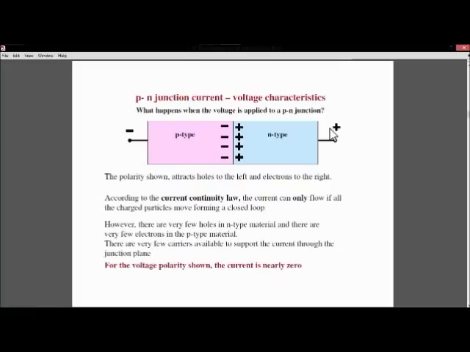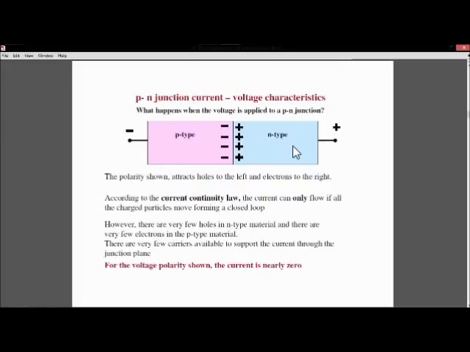Now what will happen if a voltage is applied to this PN junction diode? With the given polarity, it attracts the holes from the left and electrons from the right, and according to the current continuity law, current can flow through all the charged particles, forming a closed loop and completing the circuit.